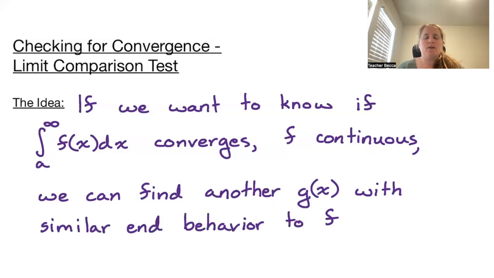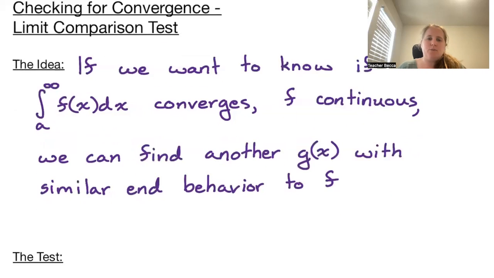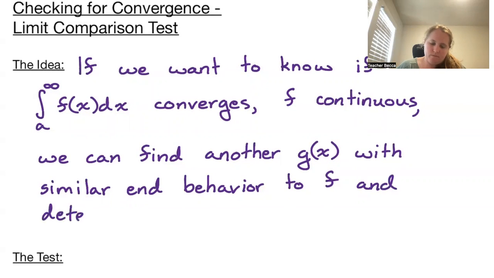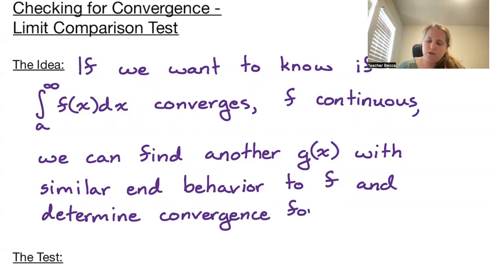So if, for example, f ends up looking like x, then we would want to find a g that ends up looking like x. And then we can determine convergence of g instead.